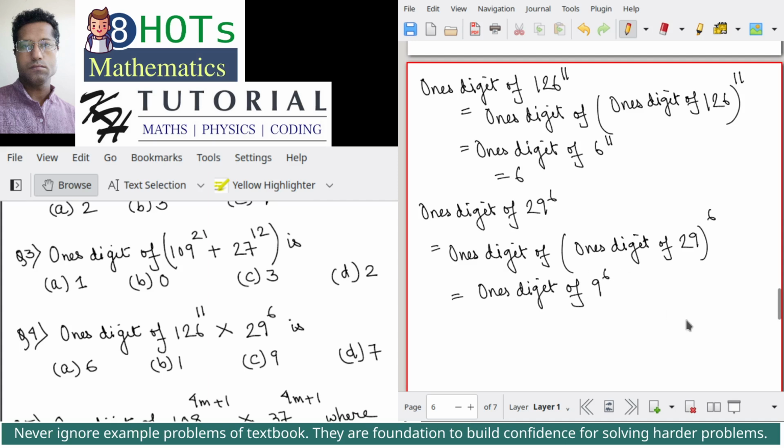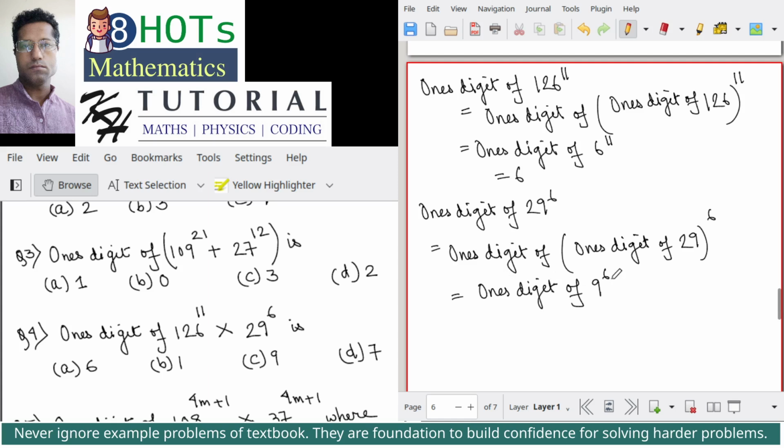Now we know the pattern of the ones digit of the powers of 9. For odd powers of 9, the ones digit will be 9, and for even powers it will be 1.